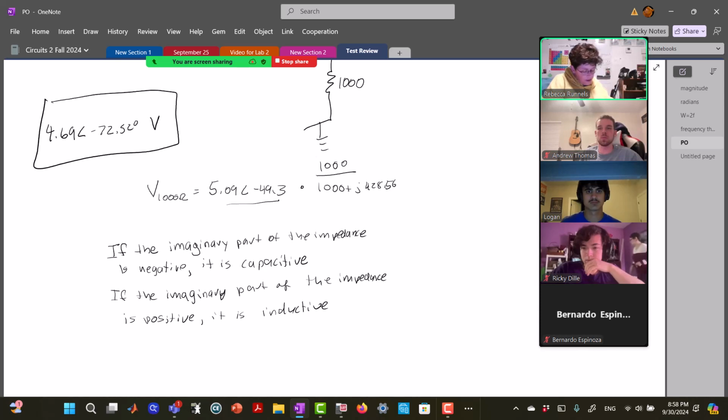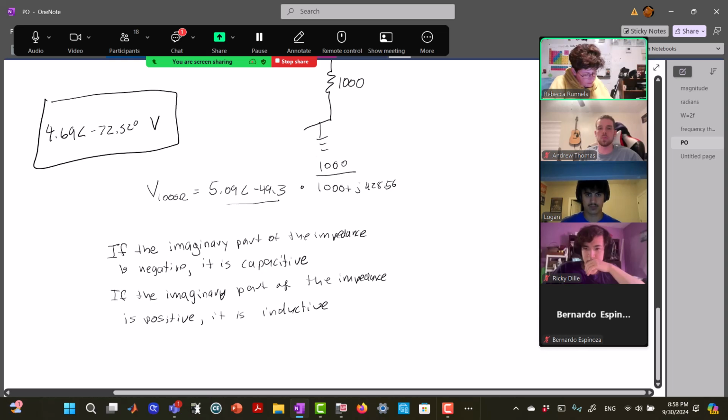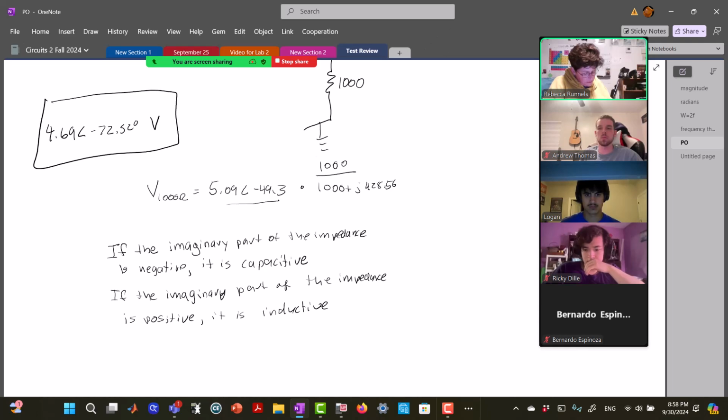There are some things I can never remember right. For inductive loads, the current lags the voltage.